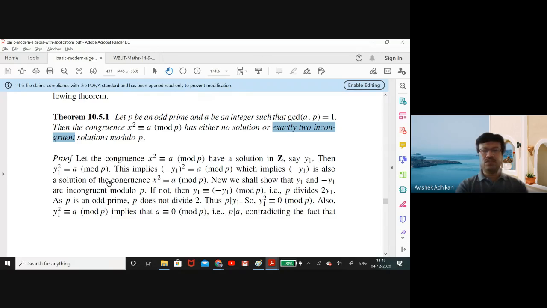This implies that minus y1 square is also a, because minus y1 square is y1 square, which implies that minus y1 is also a solution of the congruence. Now we need to show that y1 and minus y1 are two incongruent solutions modulo p.